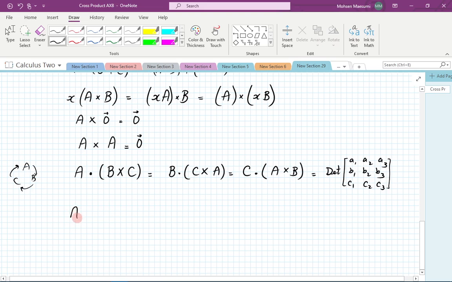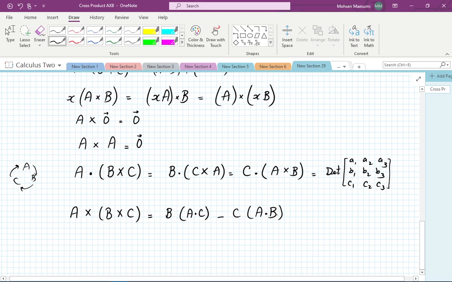If I have A cross B cross C, something that we had in the context of figuring out properties of a curve when we were talking about the radius of curvature and so on, this turns out to be B times A dot C minus C times A dot B.